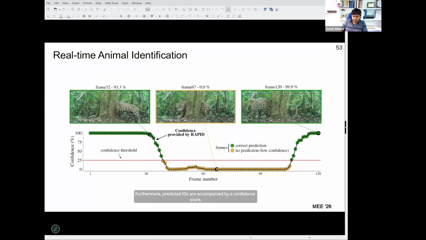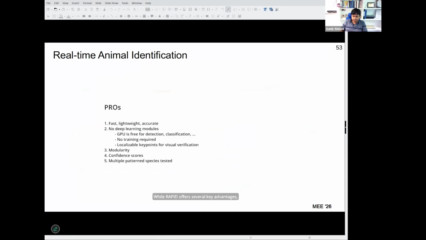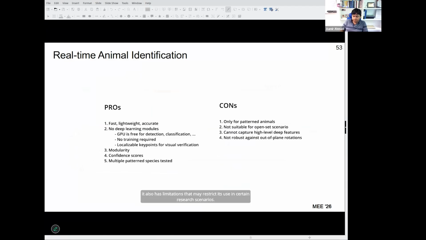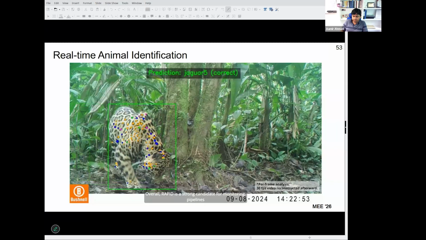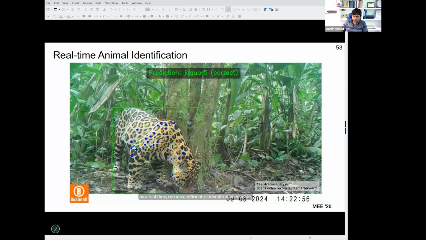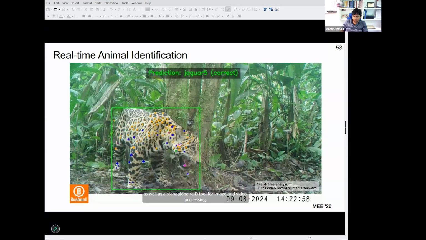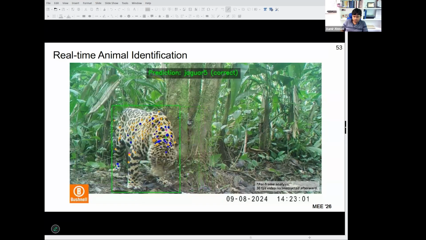Furthermore, predicted IDs are accompanied by a confidence score indicating prediction reliability and supporting downstream applications. While RAPID offers several key advantages, it also has limitations that may restrict its use in certain research scenarios. Overall, RAPID is a strong candidate for monitoring pipelines as a real-time, resource-efficient re-identification module, as well as a standalone re-ID tool for image and video processing.